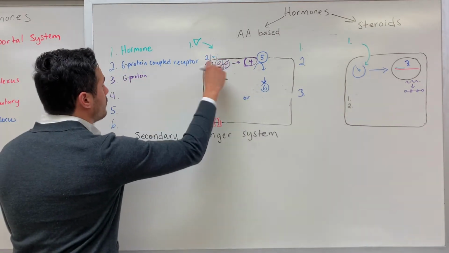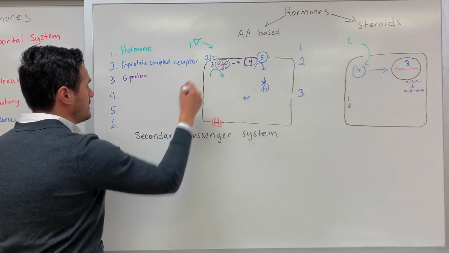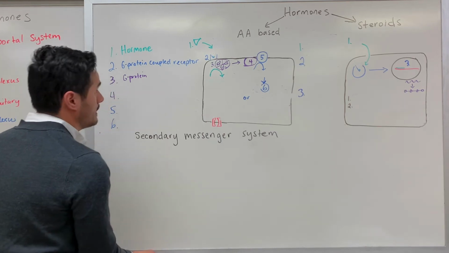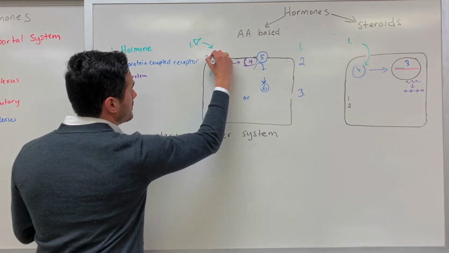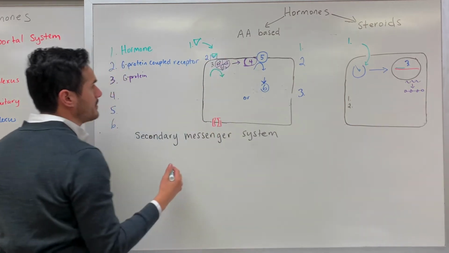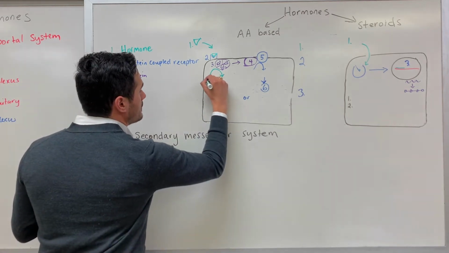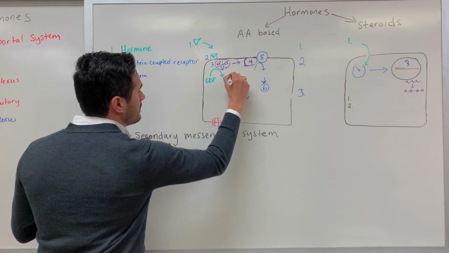And for this G protein, in order for it to become active, what needs to happen is once the hormone binds here to the G protein coupled receptor, we get an exchange of GDP for GTP.